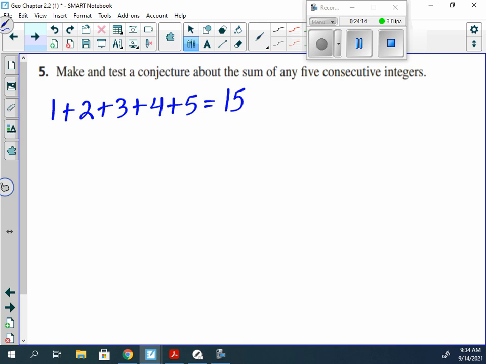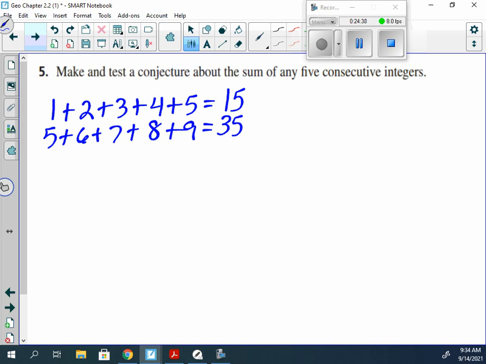What else could we have? 5 plus 6 plus 7 plus 8 plus 9. 5 plus 6 is 11. I would do plus 7 is 18, plus 8 is 26, plus 9 is 35.